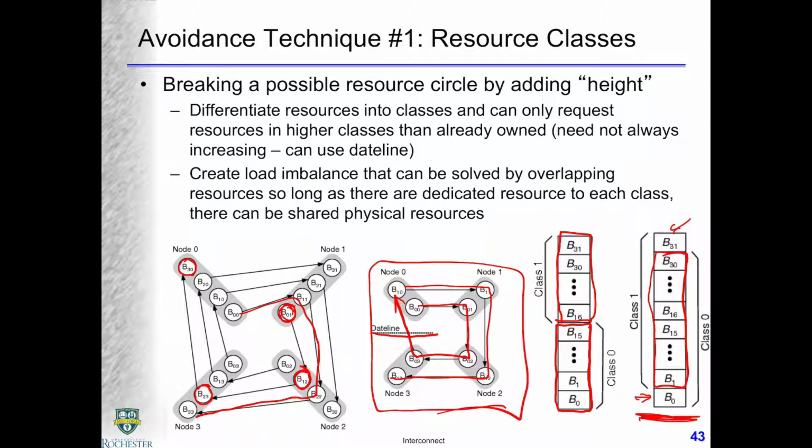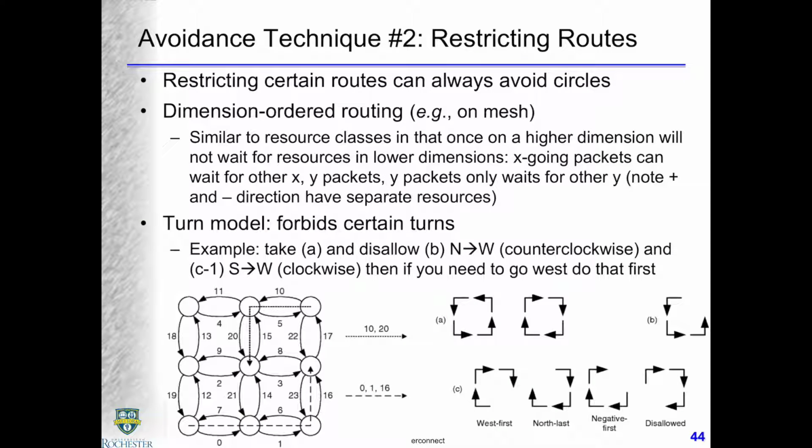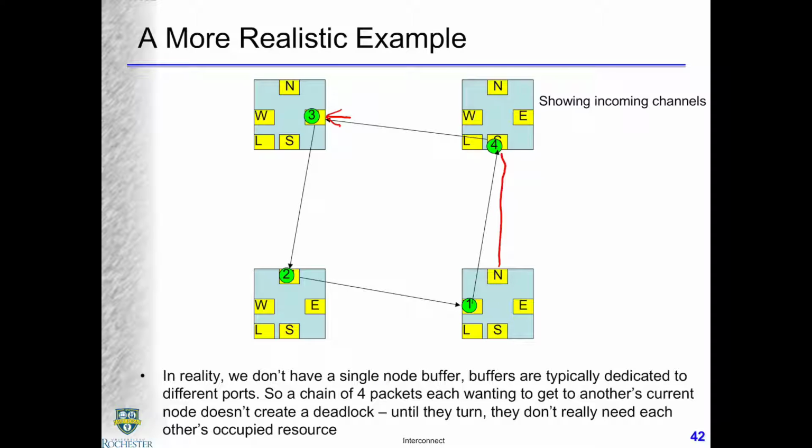Okay. Another idea of breaking the cycle is to not allow certain types of turning. Remember, in my very early example, if we all want to turn left, then I have this problem. Okay, if I don't all turn left, I will not be able to form a cycle.